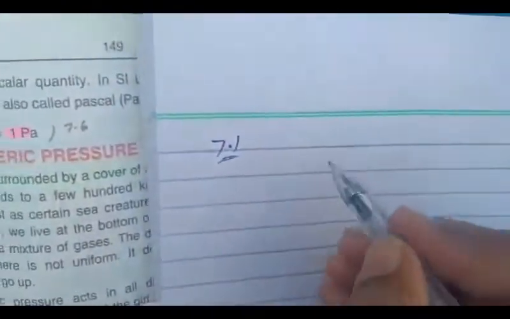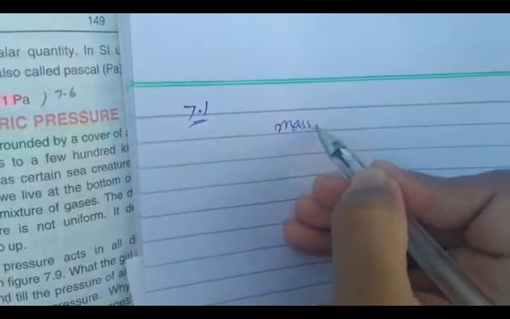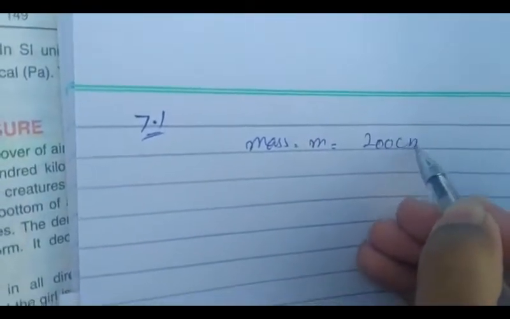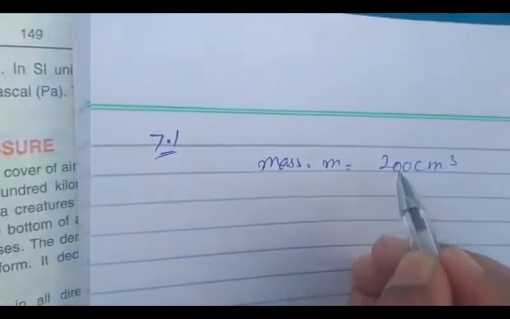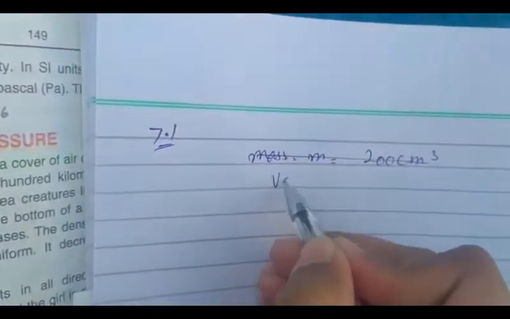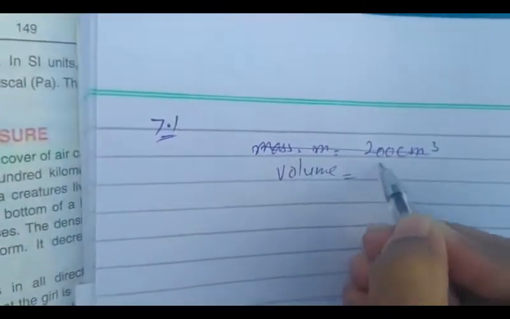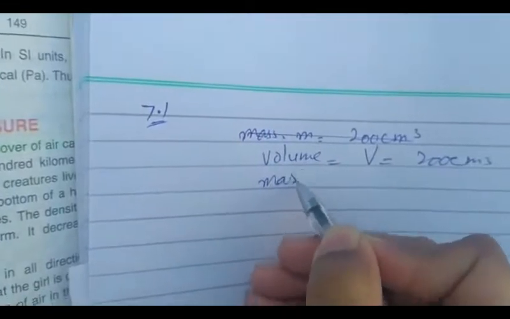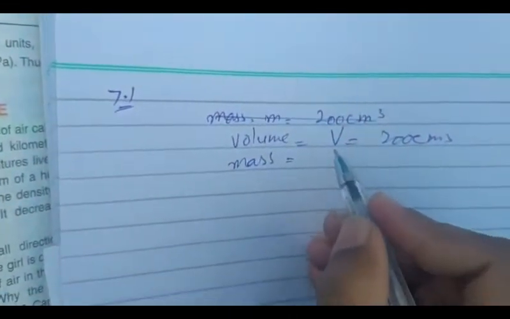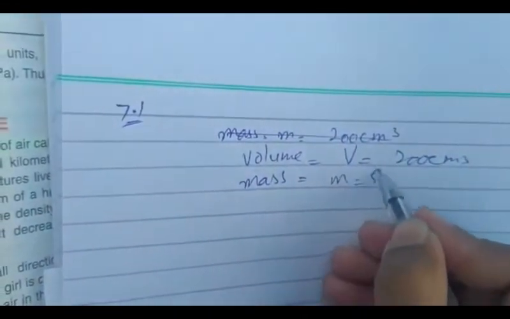So mass is represented by M. Sorry, 200 centimeter cube is volume. Volume is represented by V, and mass is 500 gram.